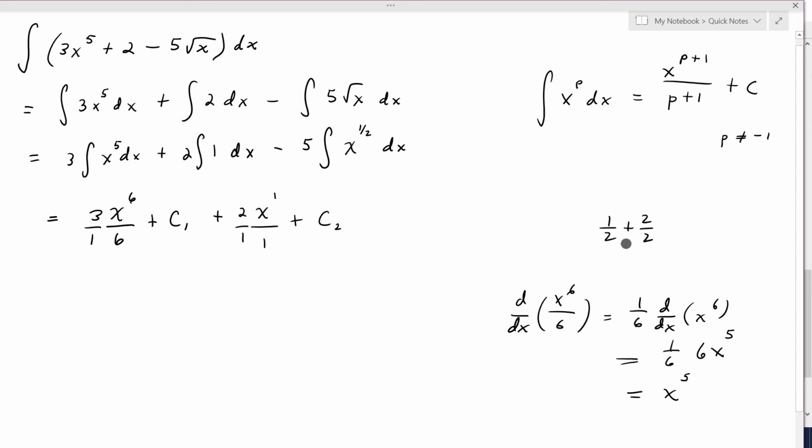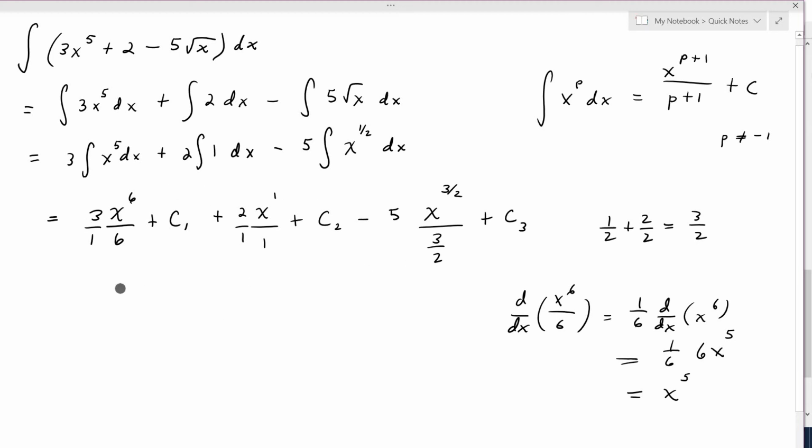And of course you need a common denominator here, so I'm going to write it as 2 over 2. And that gives us 3/2. So we get x to the 3/2 power, and then we divide by 3/2. Right, using the power rule. Okay, and then that gets multiplied by -5 plus some arbitrary constant, which I'm going to call c sub 3.